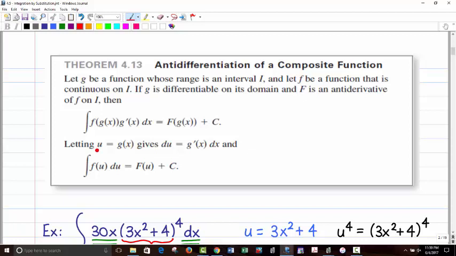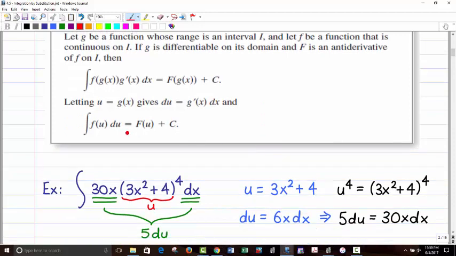So here, to simplify the notation, we let u equal g of x, which gives you du equals g prime dx in the differential notation. So therefore, the integral of little f of u du equals big F of u plus c.